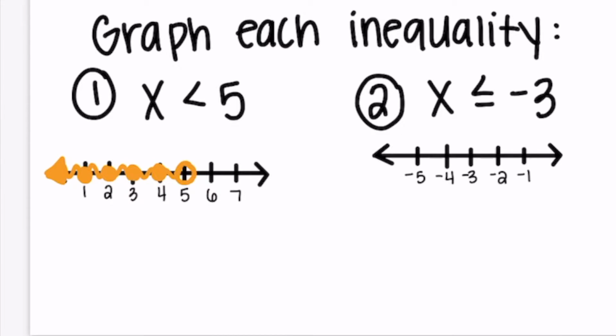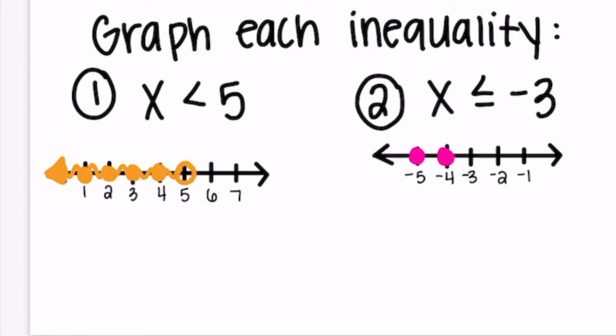Now let's do number 2. x is less than or equal to -3. What are some numbers on this number line that are less than or equal to -3? Remember that less than means everything to the left of it. So -5 is less than -3. -4 is less than -3.